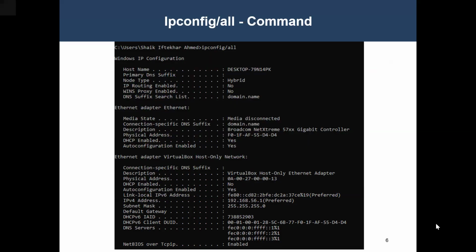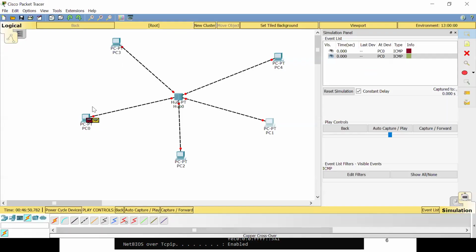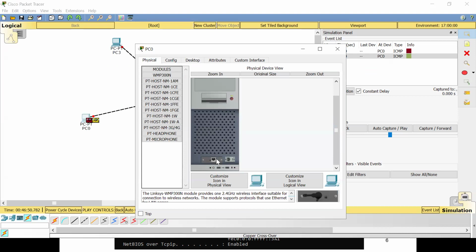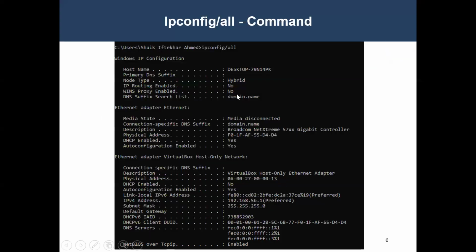This is about what this device contains and how its physical appearance looks. This is the port that is required while connecting these devices.